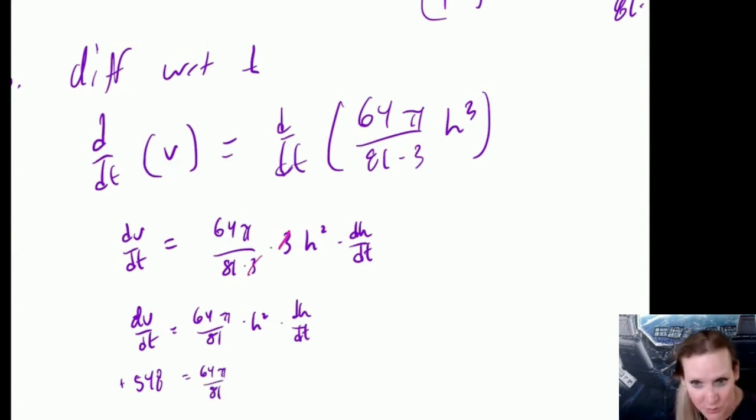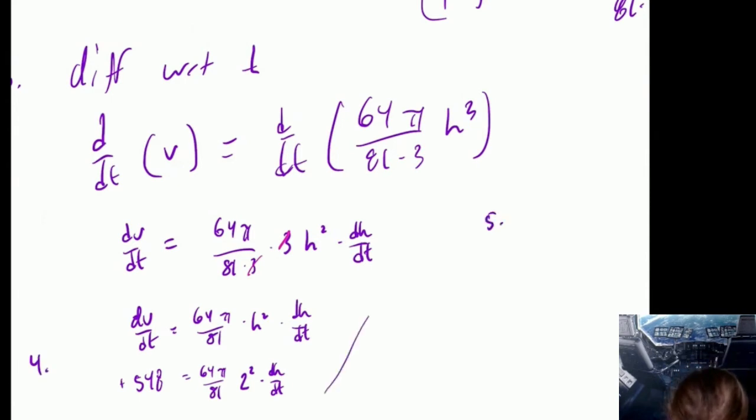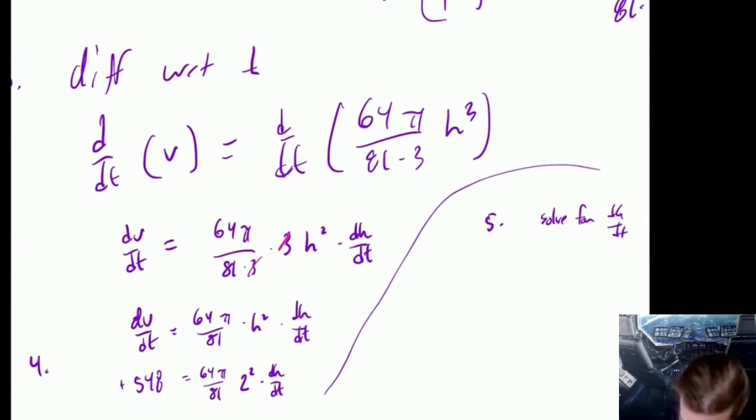And then we're considering what happens when the cone is filled to a height of 2. And I don't know dH dt, but I'm finding it. So that was step 4. That was substitute.